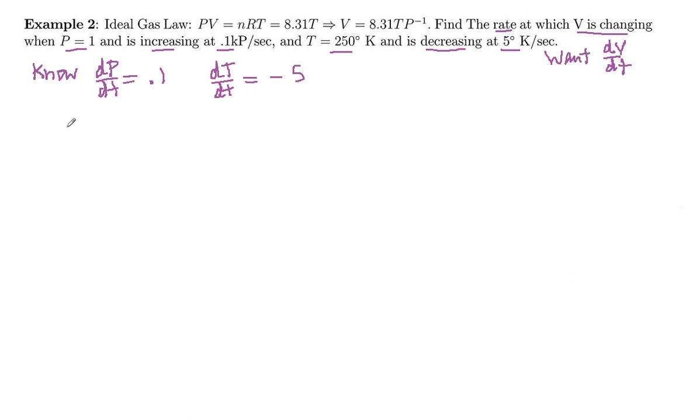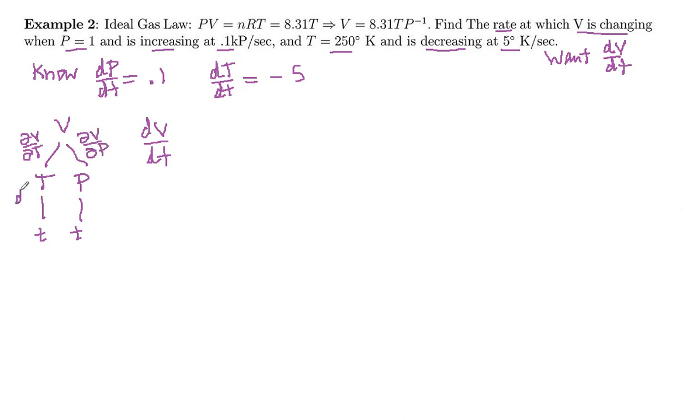So let's formulate our chain rule here. So V depends on T and P here. And then each one of those depends on time. So if we write out our chain rule, dV/dt, we're going to put derivatives on the branches. So this will be dV/dT, temp. This will be dV/dP.